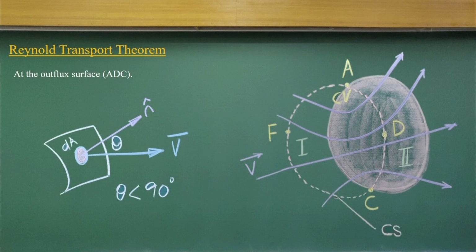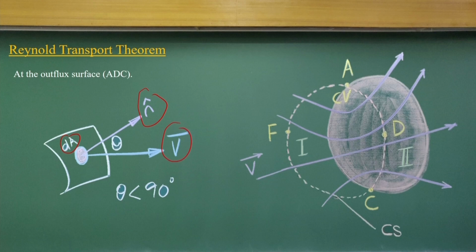Assuming it is a 3-dimensional control volume, over that surface I have to integrate to know how much influx is coming into the control volume or going out from it. That means I can take a small area dA, and I can have a normal vector and the velocity vector.